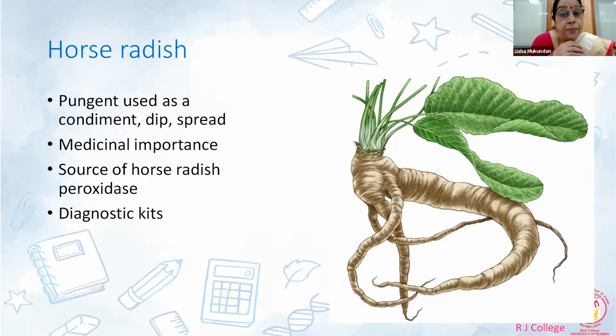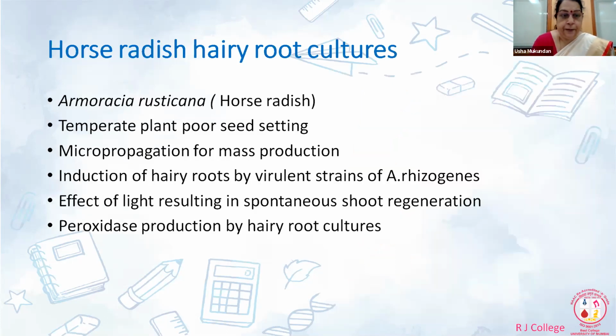It has medicinal importance and it is a source of a very important protein known as HRP or horseradish peroxidase. And horseradish peroxidase, along with alkaline phosphatase, is an important reagent in ELISA diagnostic kits.